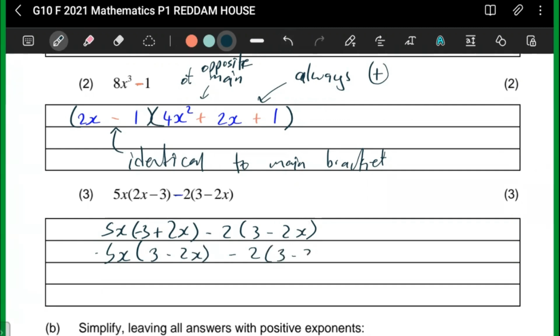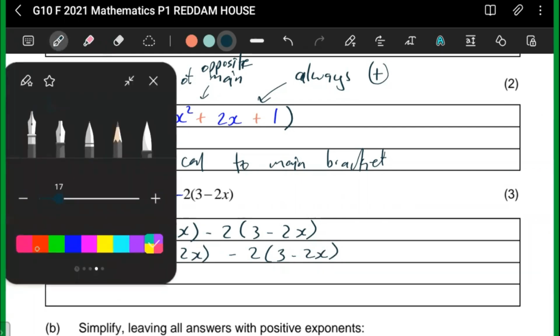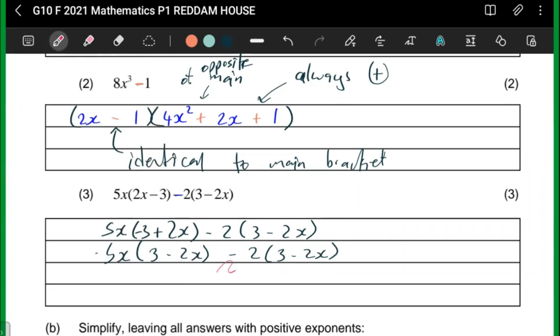So with this being done, let's see. Now this bracket here and this bracket here, right, they look identical. So you can take that out. You see 3 minus 2x, you can take that out. What's going to be left here is negative 5x minus 2.